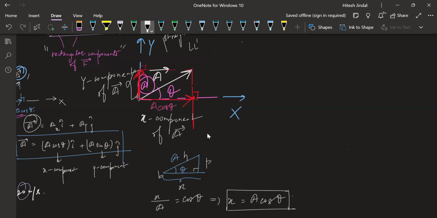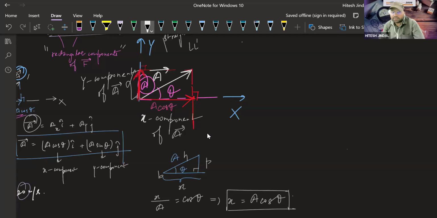I wasn't able to join the first class. Please see this resolution of a vector; before this, we cannot move ahead. So you have to learn this concept, then only we can move ahead.